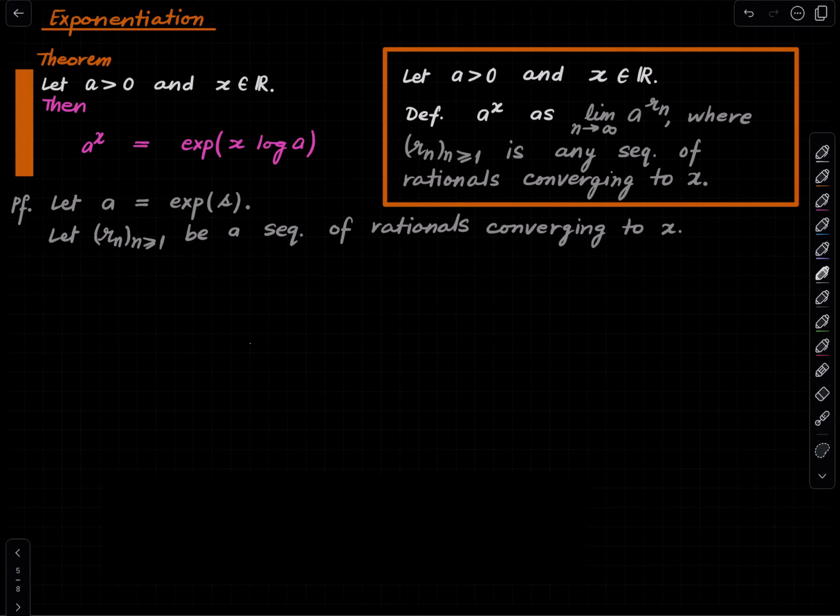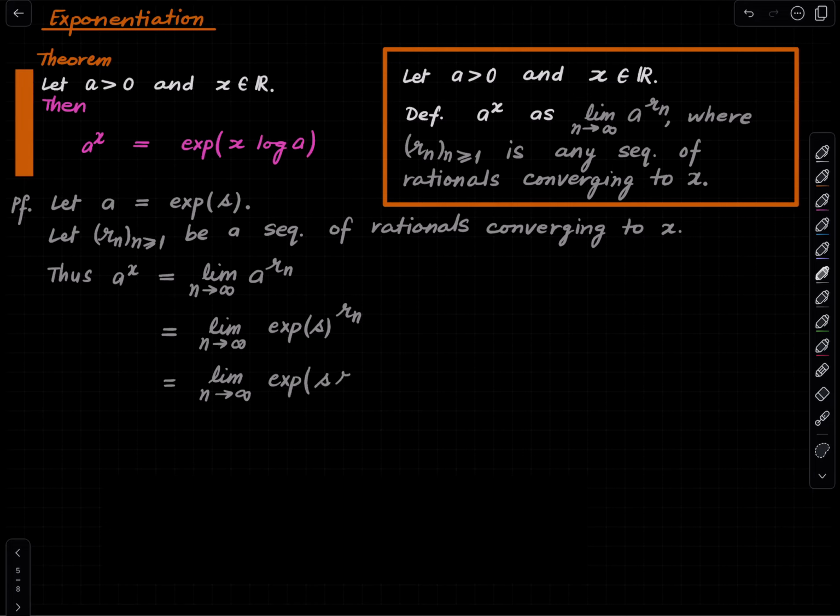Thus by definition a to the power x is the limit of a to the power Rn, but this is equal to the limit of exp of s to the power Rn, but as seen in the previous slide, this is exp of s times Rn, which by continuity of the exponential, the limit can be pushed inside, which is exp of sx.